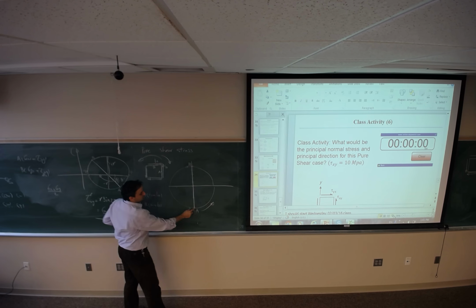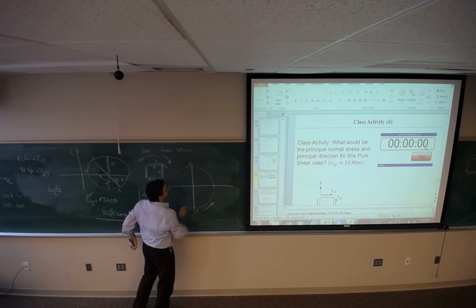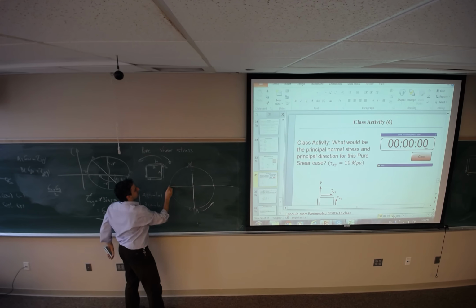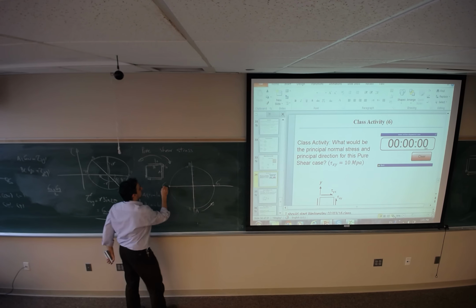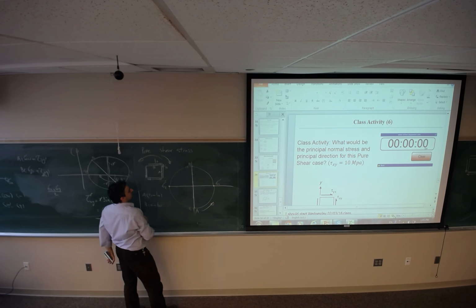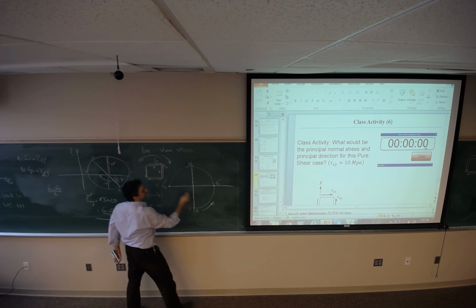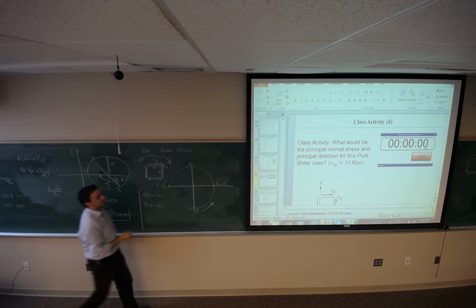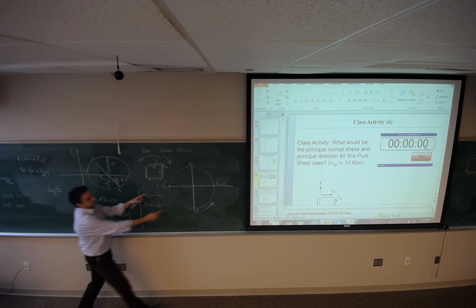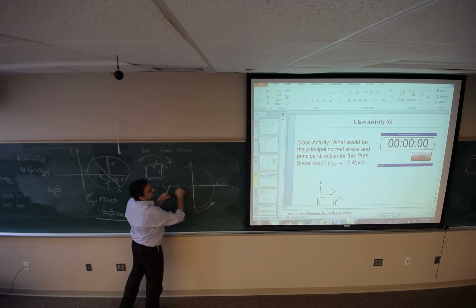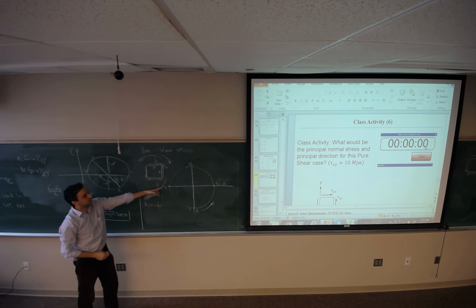So point A is going to see this location, and point B is going to see this location. Sigma prime 1, sigma prime 2, or B prime and A prime, just to locate point A and B. Okay. So this line represents the principal normal stresses because there is no shear stress.